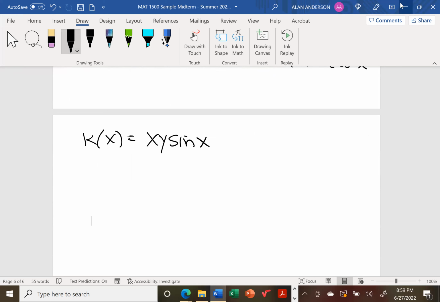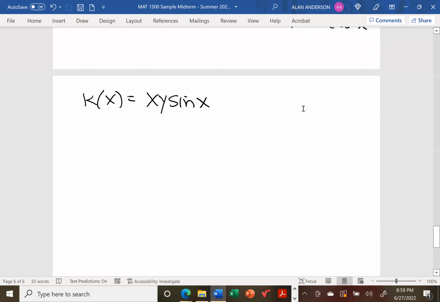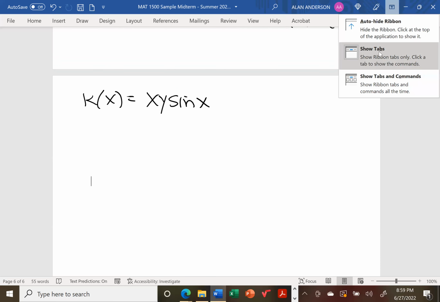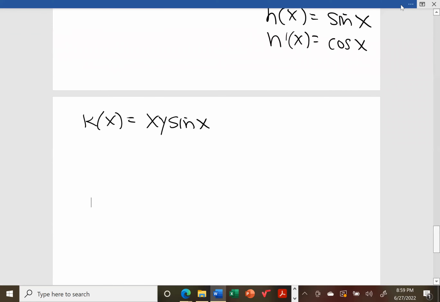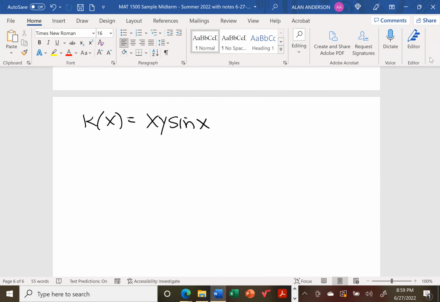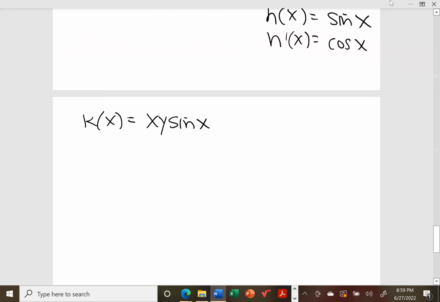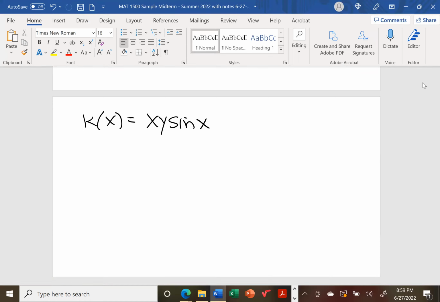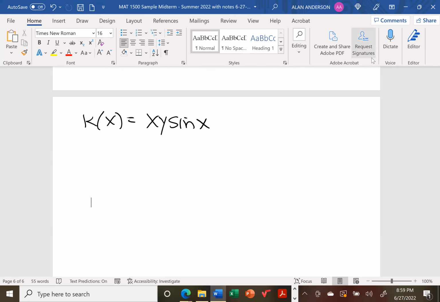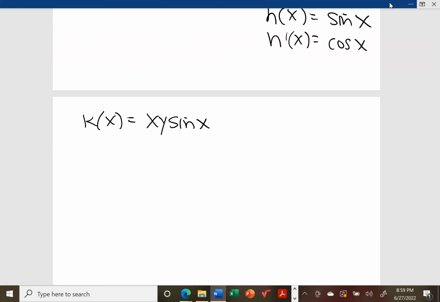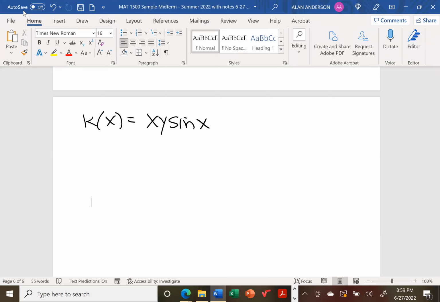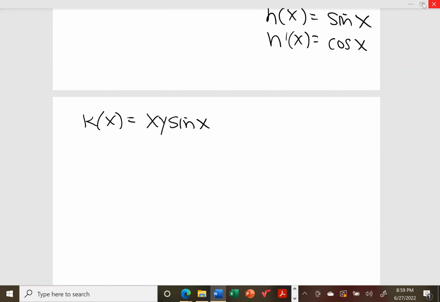Actually, let me do this. Let me see if I can split up the screen a little bit. Oh, no, it's doing exactly the opposite of what I want. I don't know about you guys, I can't stand it when I can't see the ribbon. And now I'm not sure how to get it back. There used to be like a little pin symbol. I can't seem to find it. That's very annoying, especially with this thing in the way up here.